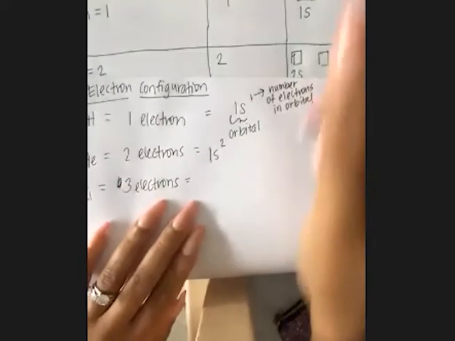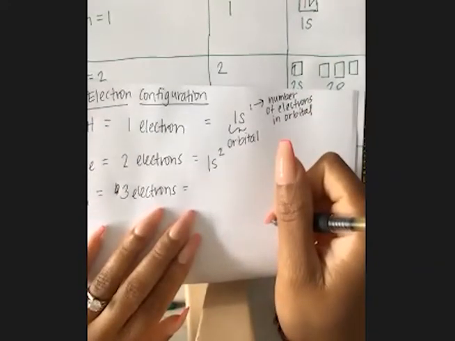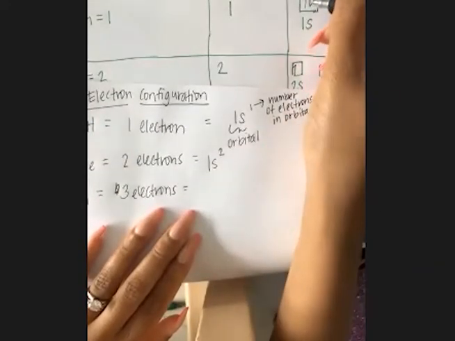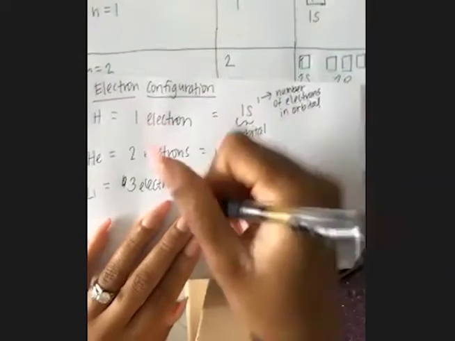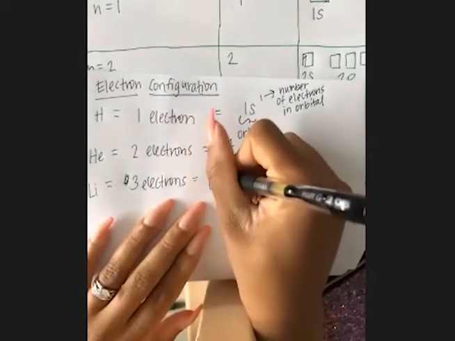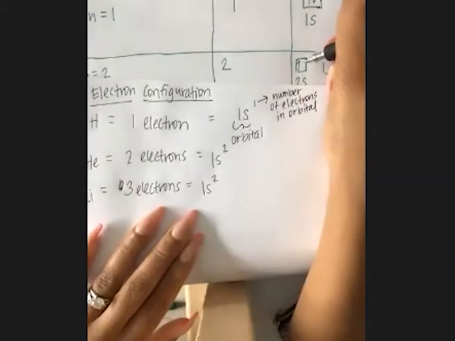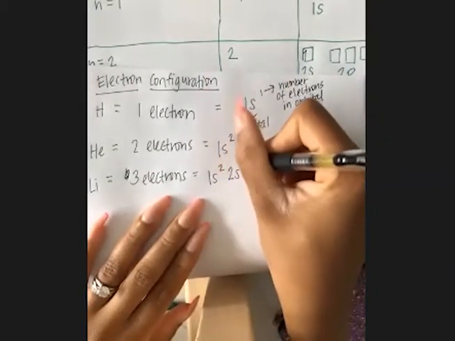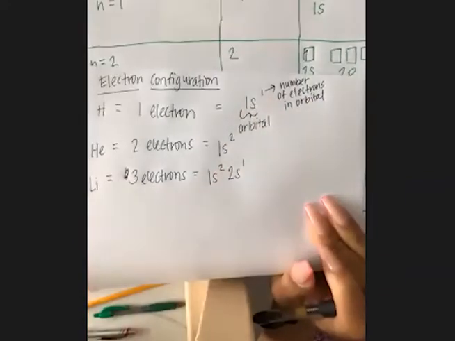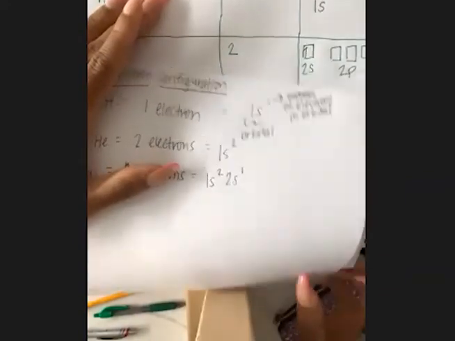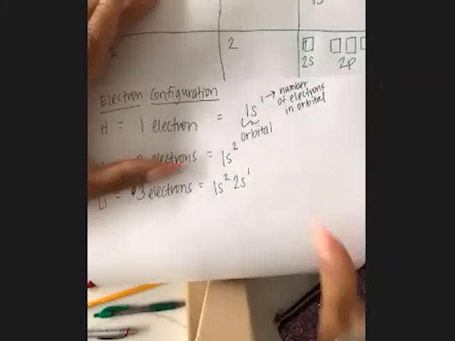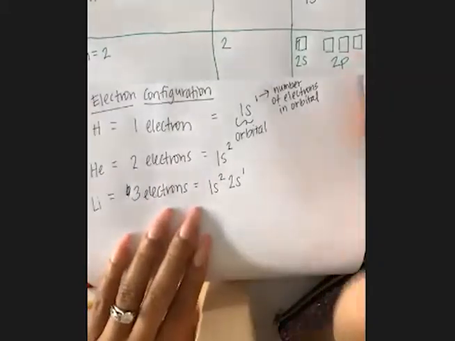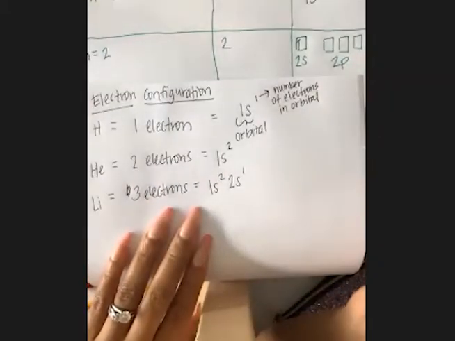So the electron configuration for lithium says, okay, those first 2 electrons were in the 1s, so I have to say 1s2. And then that last electron was now in the 2s, so it's 2s1. And we just continue this for all the elements.